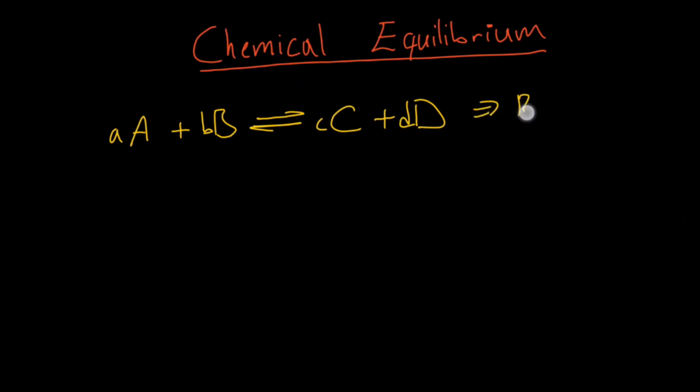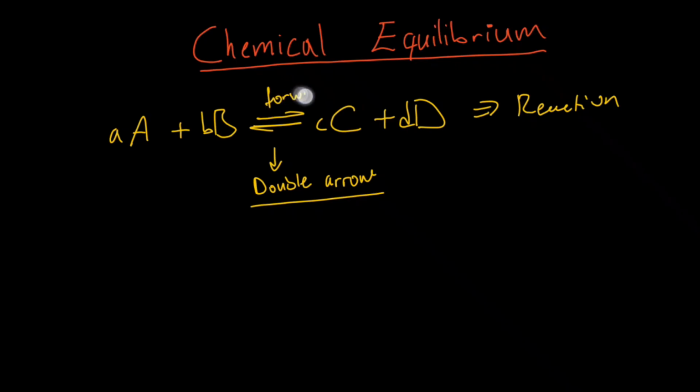This is a reaction. And for this reaction, as you see, there's a double arrow. So this means that there are back and forward reactions. This is the forward reaction and this is the back reaction.